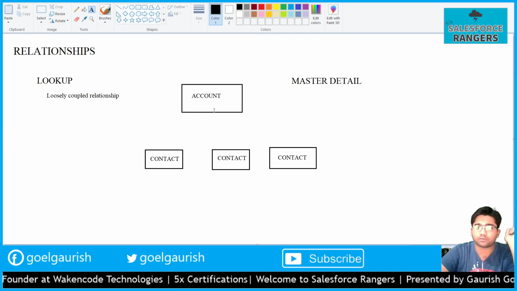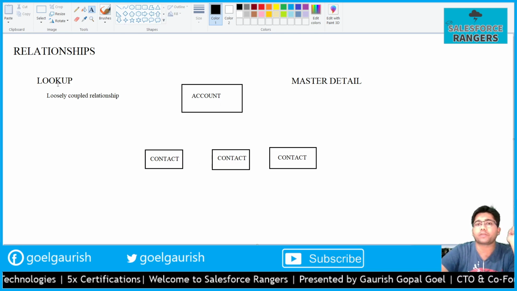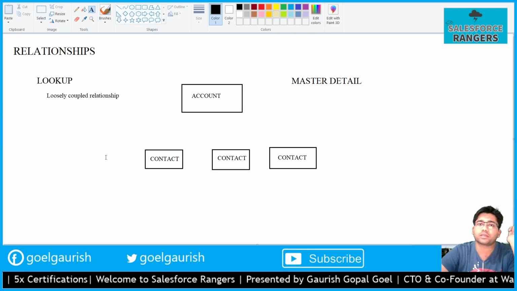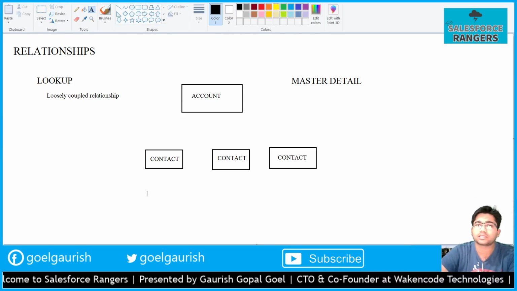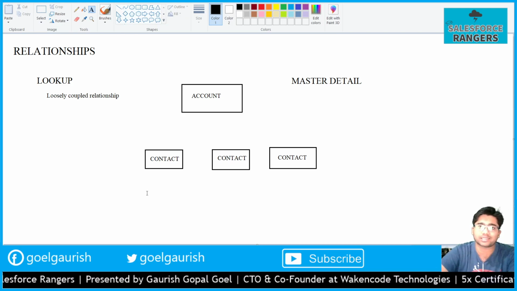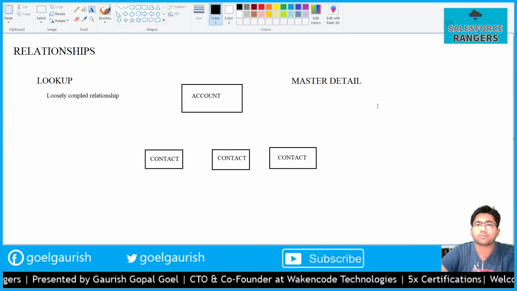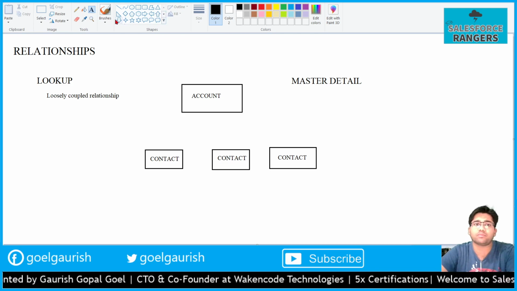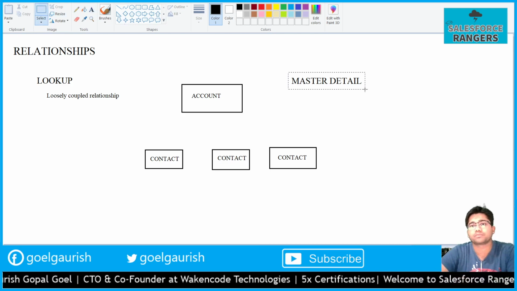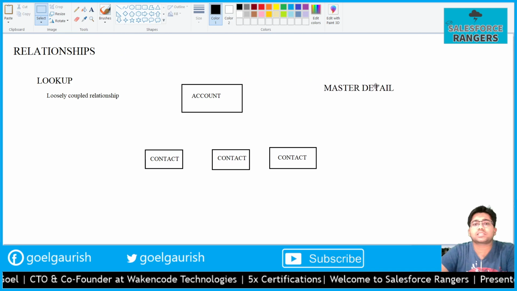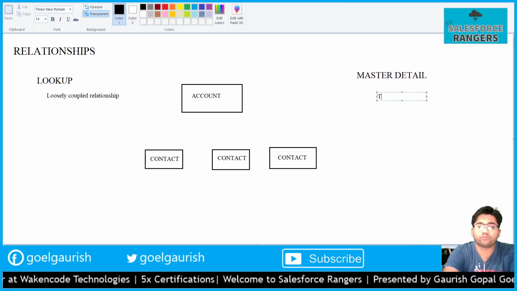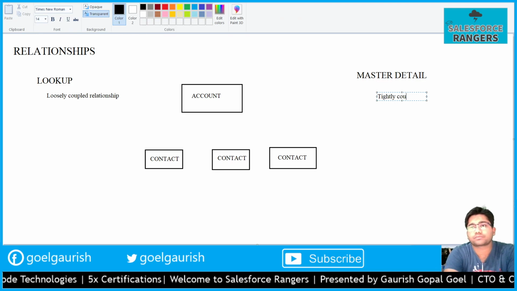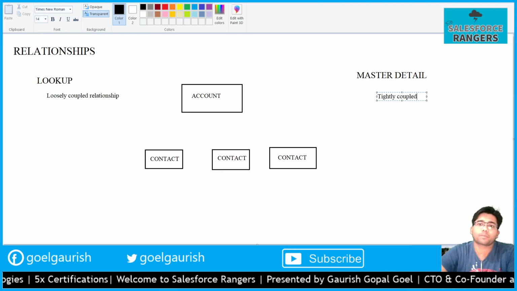So we are calling this a parent, and these are the child. In lookup type of relationship, child record can exist without parent. If the parent record is deleted, then the child record will still exist there. It will not be deleted. But it is not the same in case of master detail. In master detail case, child record cannot exist without parent record. So we call it tightly coupled relationship.